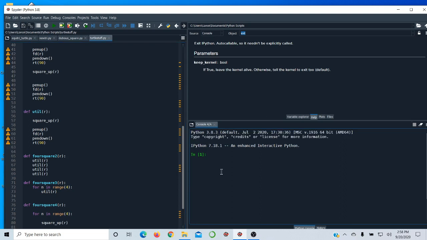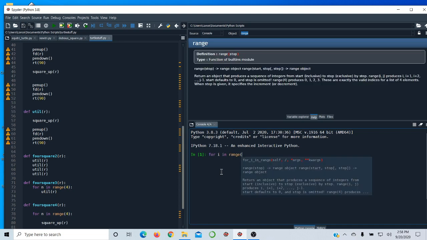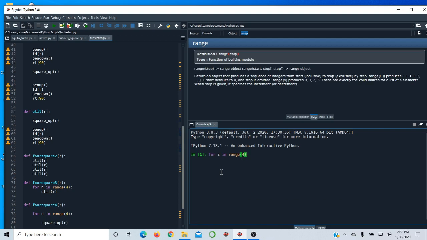So the simplest thing would be: for i in range 4, which starts a block. Let's just do print i.